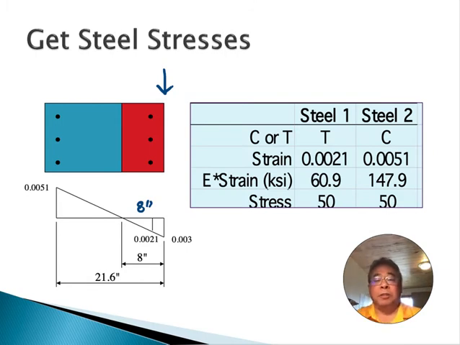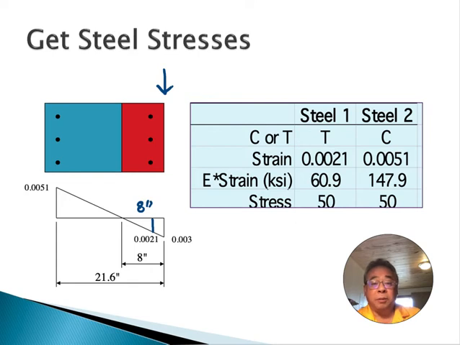By similar triangles, we can get the strain here as 0.0021. You just do 0.003 is to 8 as the unknown strain is to whatever that distance is, 8 minus 2.4, so that's 5.6. You do similar triangles, you get 0.0021.